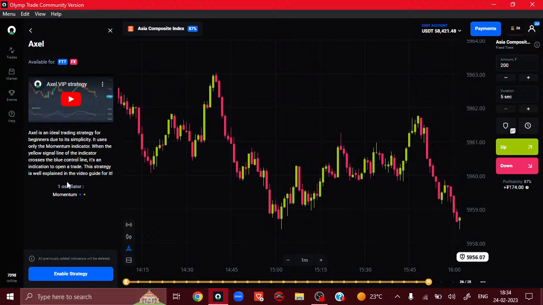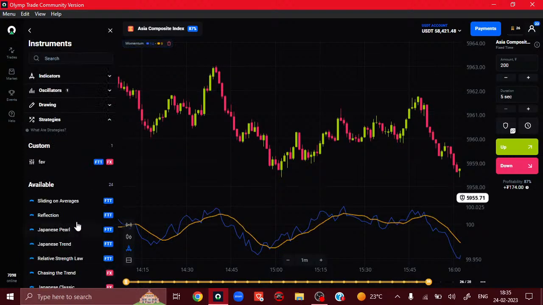It will be available to you, pre-designed by the experts. However, if you are having the starter status, then don't need to worry about that. I will guide you on how to use the strategy with the momentum oscillator, but you have to apply the settings manually. I will show you what the settings are. So let us enable the strategy.